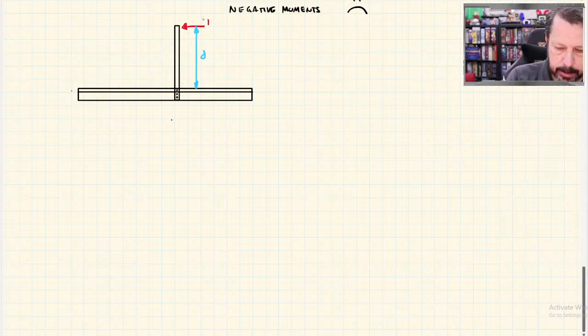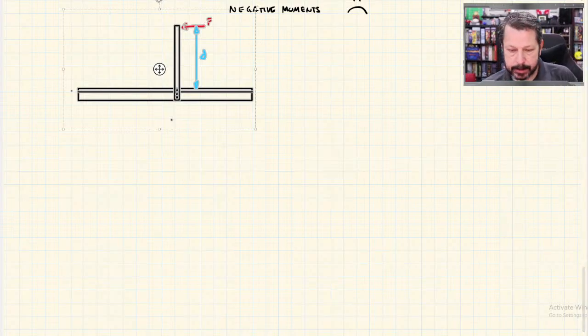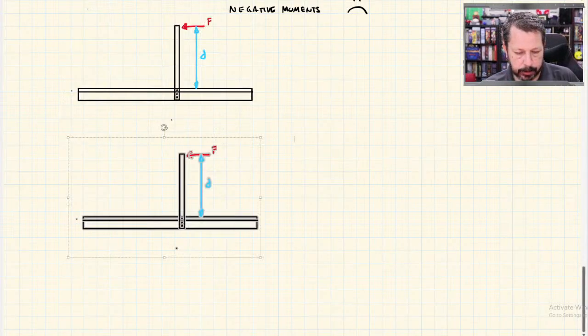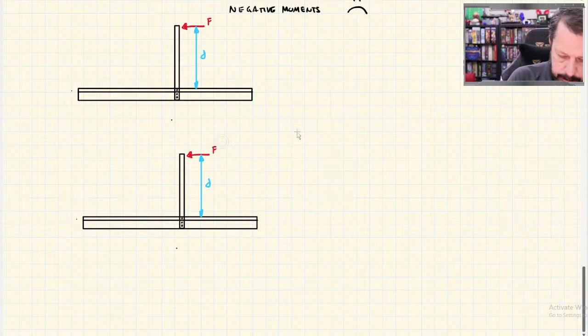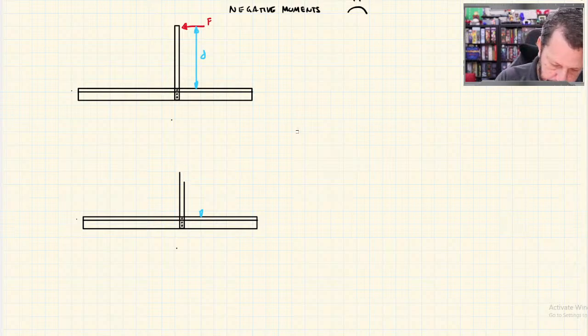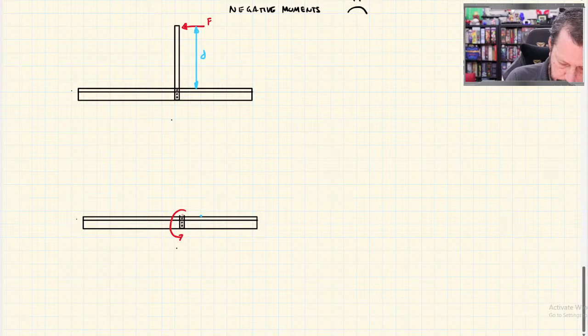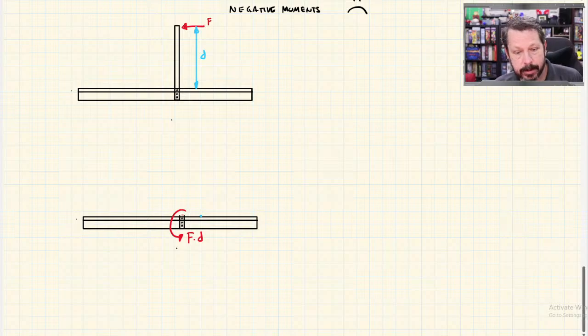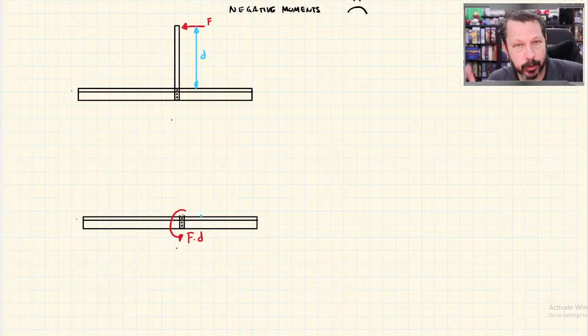D and F. Then when you were actually analyzing this thing, what you would do is, instead of all of this stuff, you would put a concentrated moment to replace the effect of having this thing bolted onto the beam with a force at the end of the thing, whatever this little rod is.